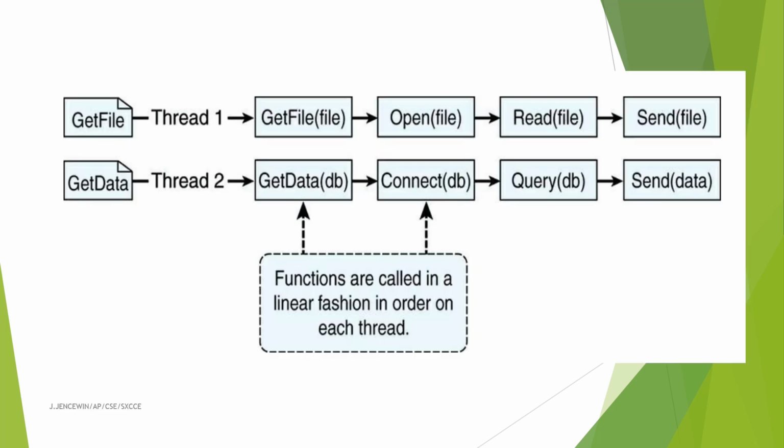In the traditional model, when the request comes, for example here get file, thread 1 is assigned to handle that particular request, and this thread 1 is blocked with that request until we send the result back to the client. And when you receive the second request, get data, again a separate thread is assigned to the get data request. It is dedicated to this particular request, and it is blocked with that request until it sends the result back to the client.